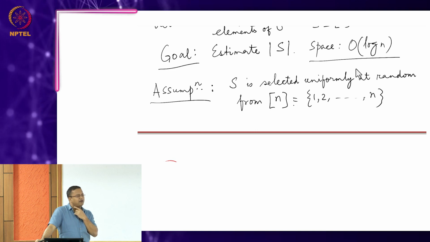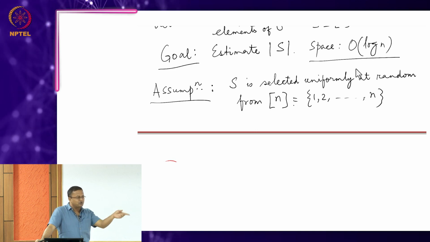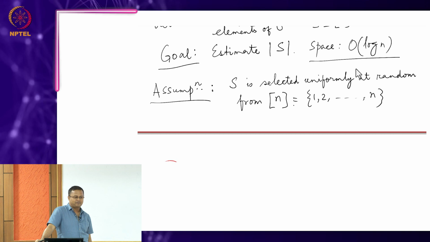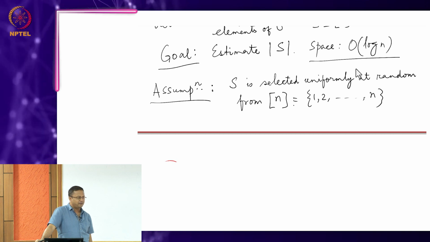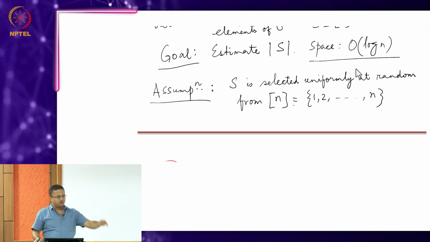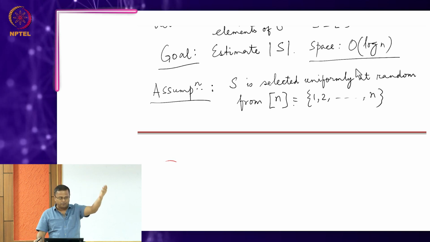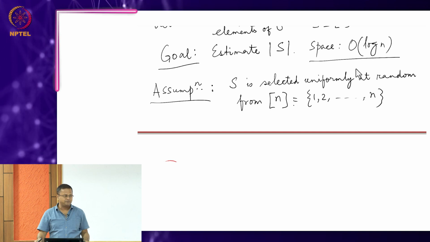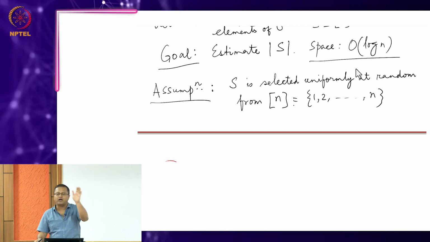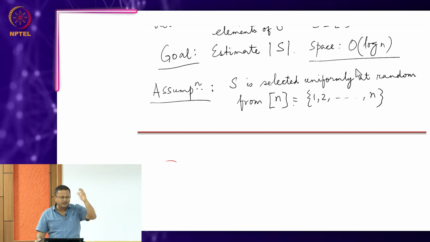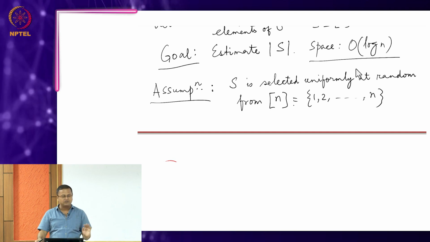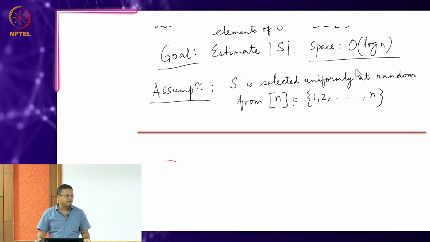So, now what I will do is take recourse to a hash function. The domain of the hash function is the set of natural numbers, the universe from which your stream comes. I will pass it through a hash function of a certain degree of independence, which we will see later, right.